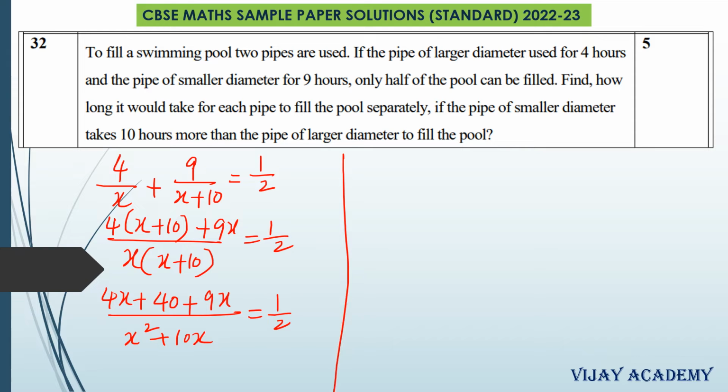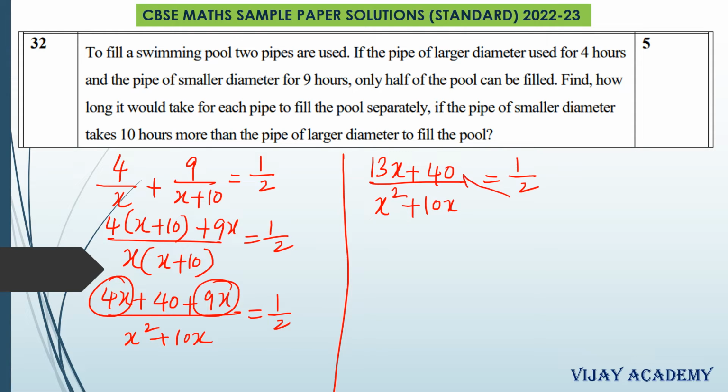So let us add the numerator and do the cross multiplication. So 9x plus 4x is 13x. So 13x plus 40 divided by x square plus 10x is equal to 1 by 2, and do the cross multiplication now. Transpose 2 to LHS and x square plus 10x to RHS. We get 26x plus 80 equals x square plus 10x.